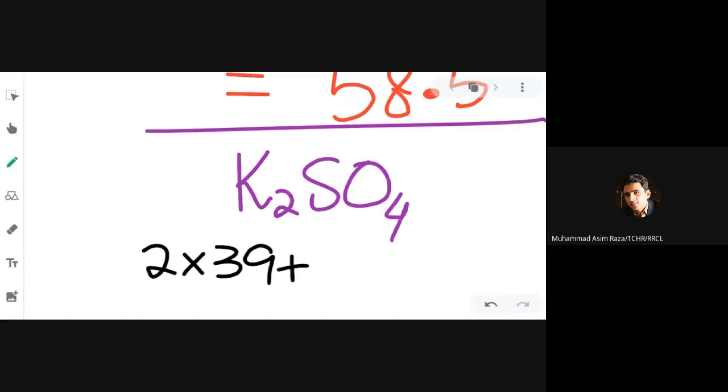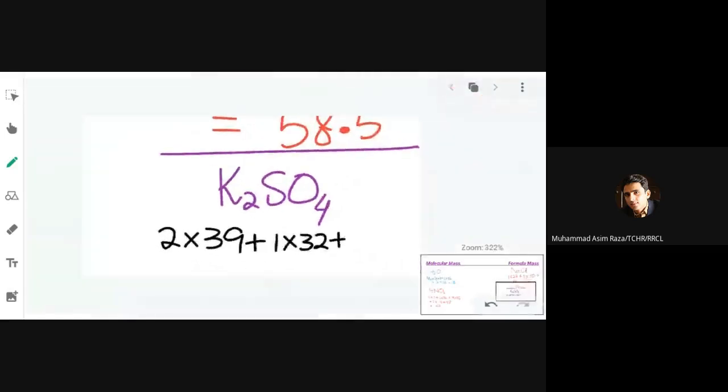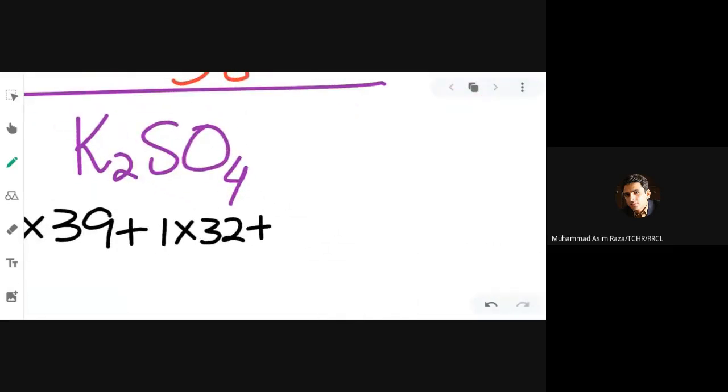plus we have one sulfur atom, 1 times 32, plus there are 4 oxygen atoms, so we will write down 4 times 16.